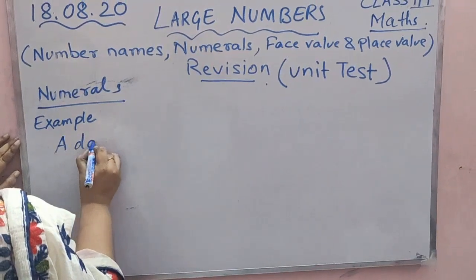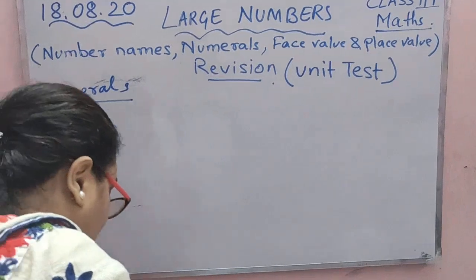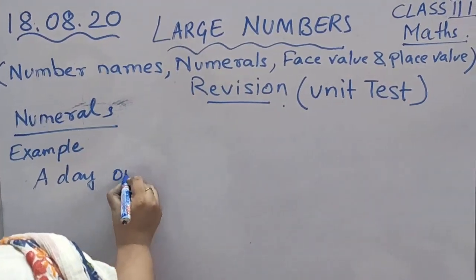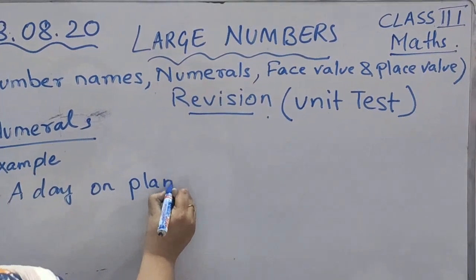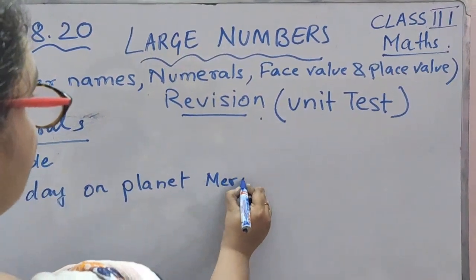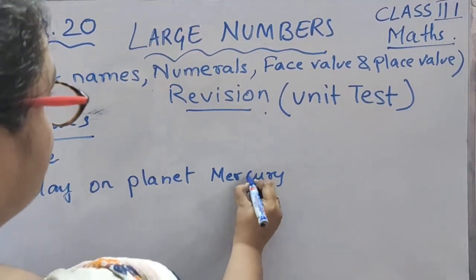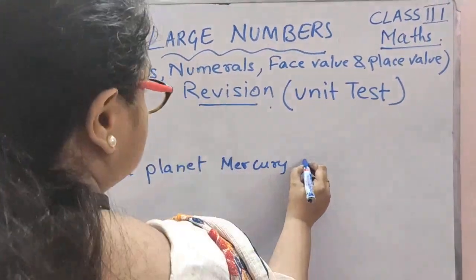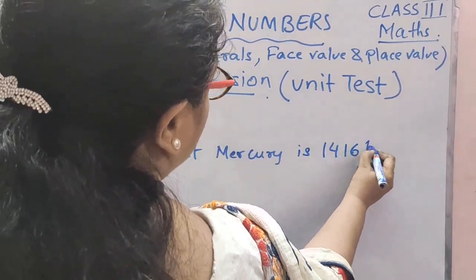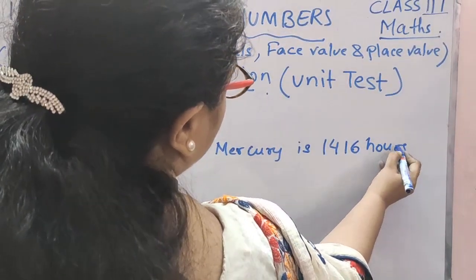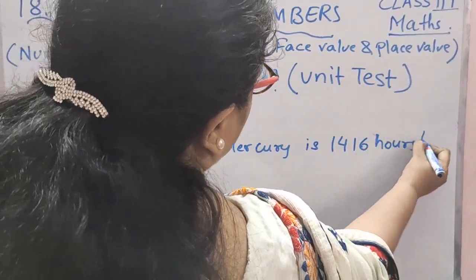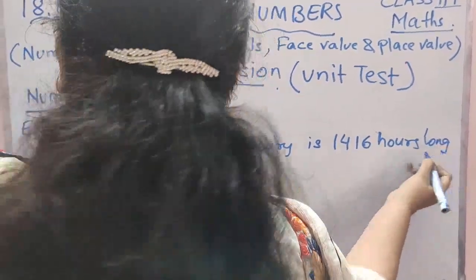A day on planet Mercury is 1416 hours long.